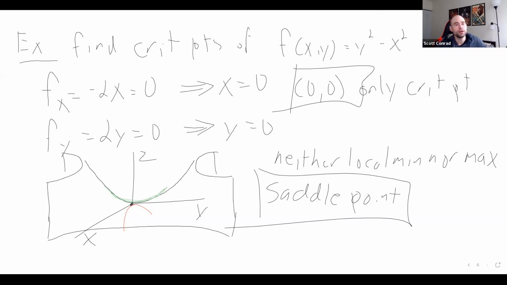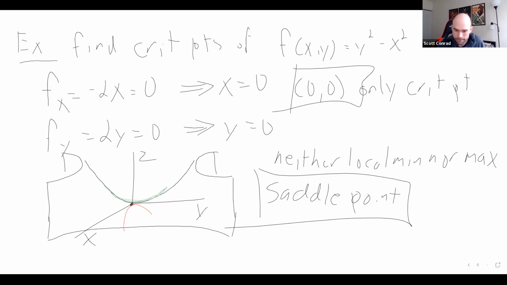Okay, so if you find the critical points, those points can be either local mins, local maxes, or saddle points, which is neither local mins nor local maxes. So how do we tell without graphing? Because you're rarely going to be able to graph these.